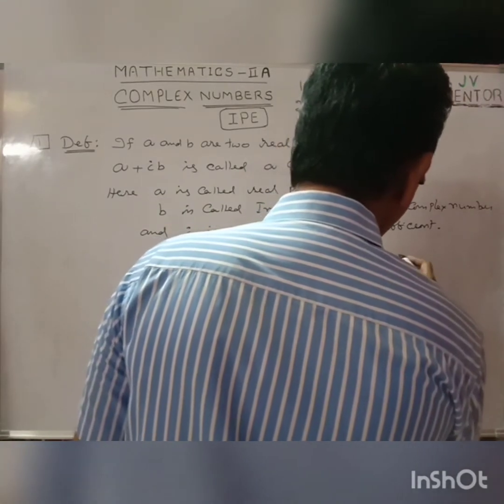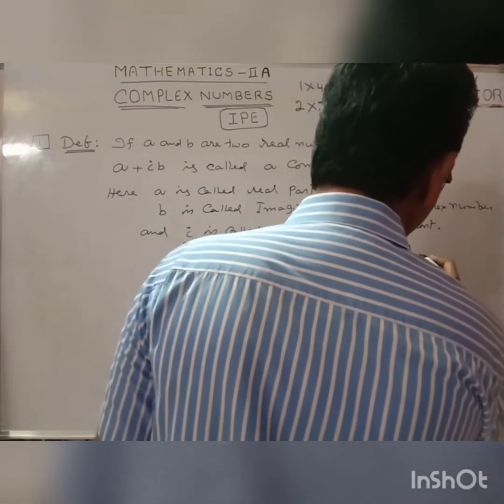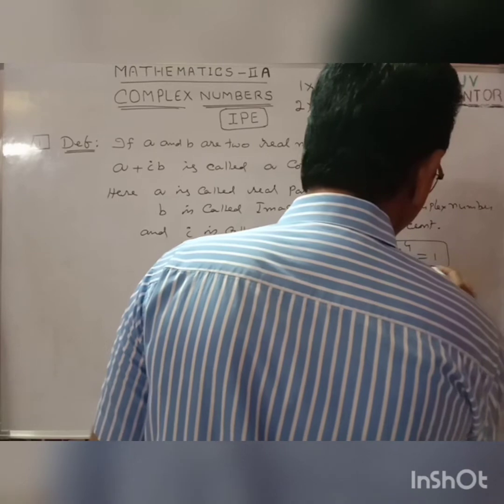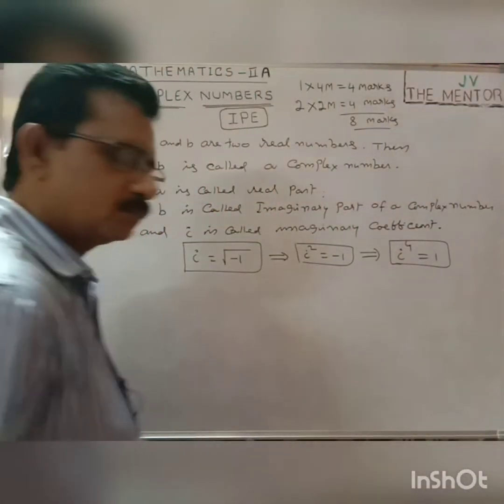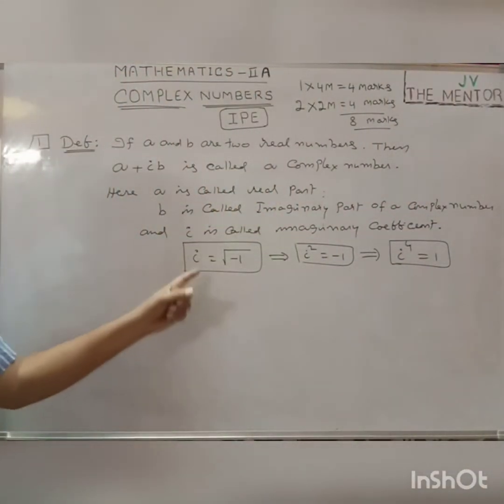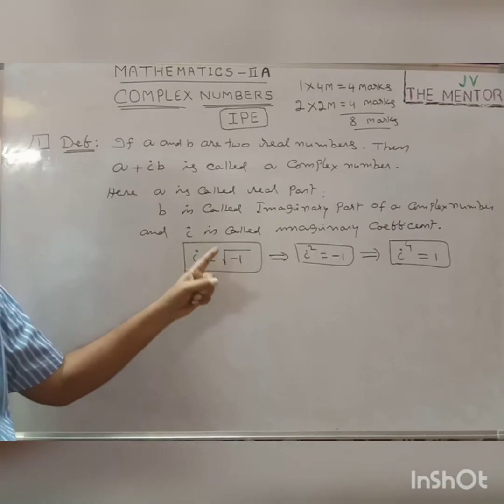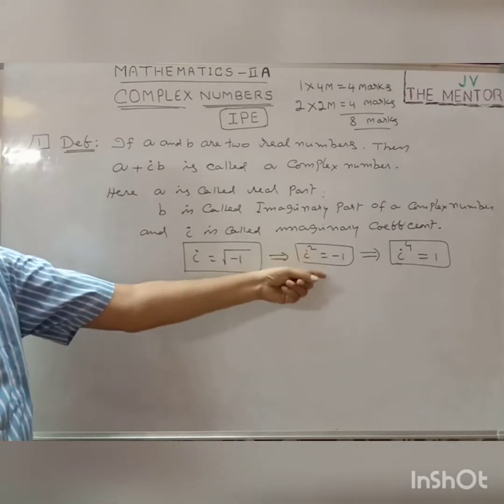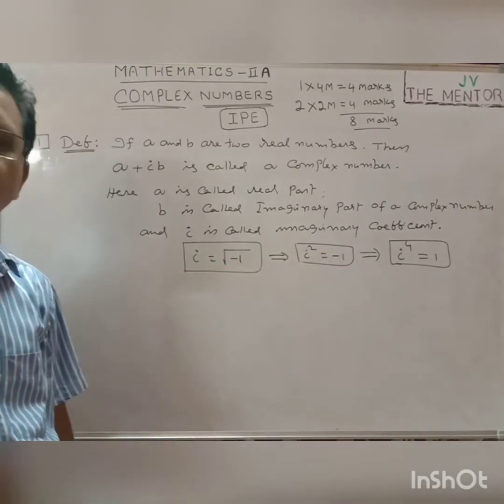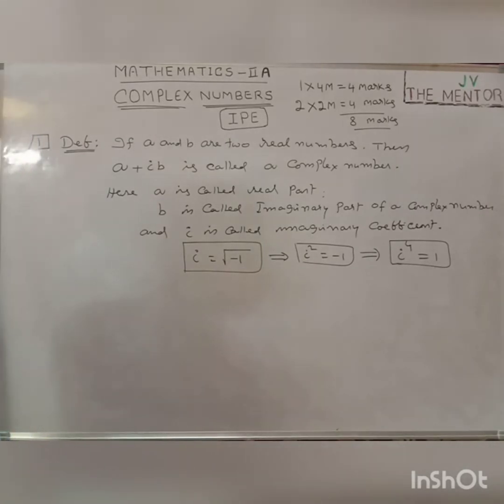Now again squaring on both sides, i square whole square is i power 4, so i power 4 equals 1. From this, i square equals -1 and i power 4 equals 1.